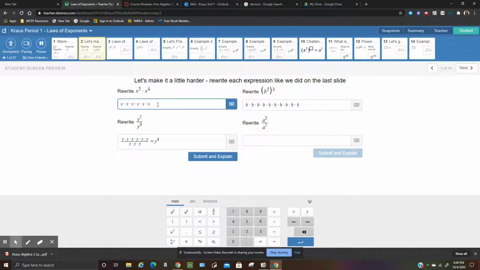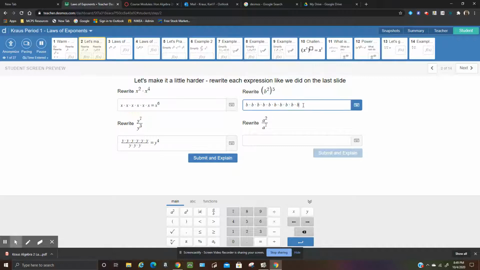This one is equal to x to the sixth power. This is equal to b to the 10th.